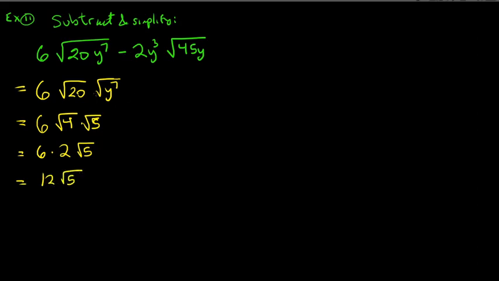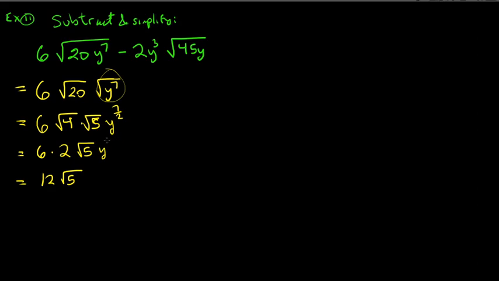What about the, so I noticed I ignored the square root of y to the 7. So how do we take care of that? Well, remember, there's two ways. You can split this up as the square root of y squared, square root of y squared, square root of y squared, square root of y, or you can write it as y to the 7 divided by 2, because 7 divided by 2 is 3.5, so 3 plus a half.